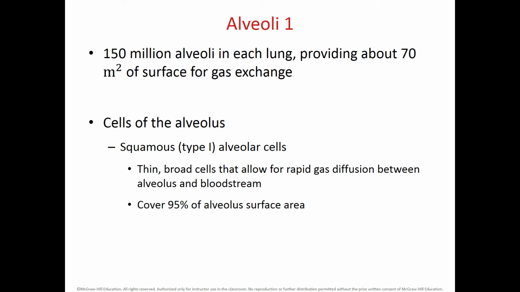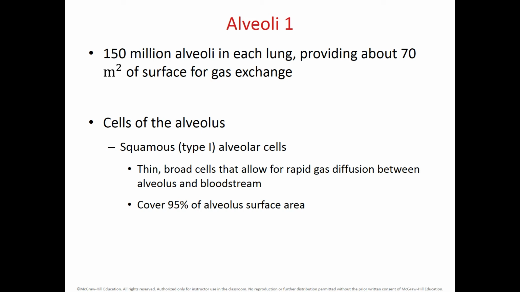Now, within the alveoli, we will have a different type of epithelium than the respiratory bronchioles. So we will have simple squamous epithelium. And in the alveoli, we will have different types of cells. The walls of the alveoli will be made out of 95% type 1 alveolar cells.